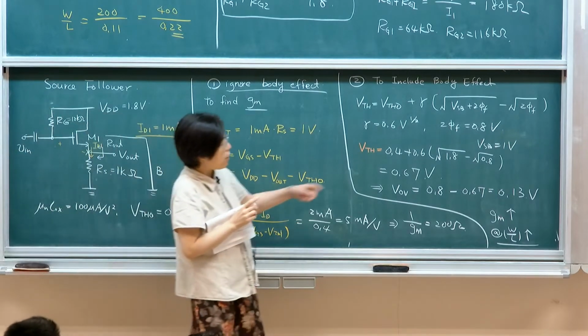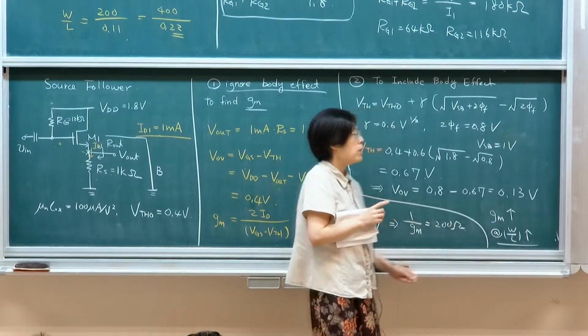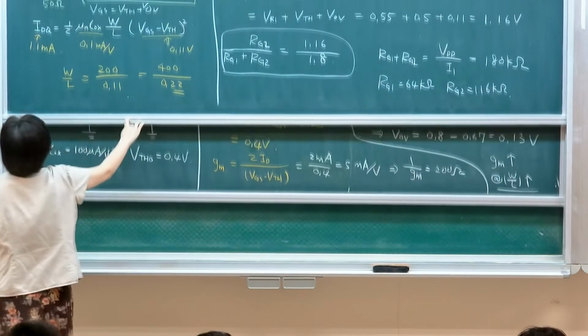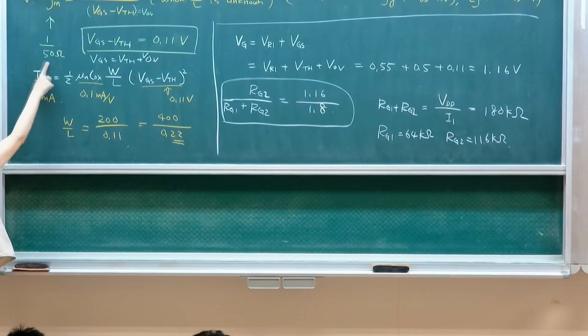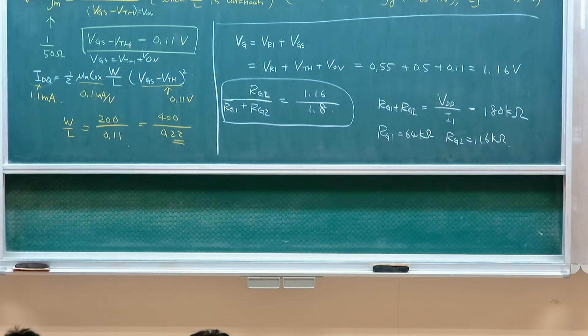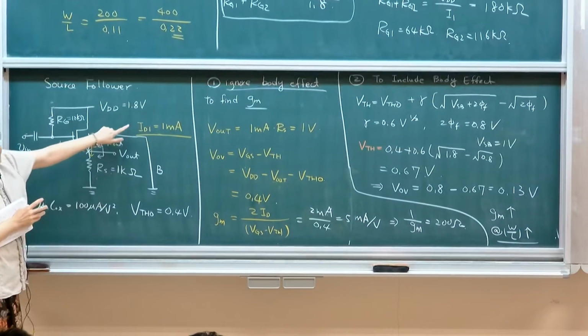If I'm considering body effect, you would then need a much larger W over L. The reason is because of this equation. Let's say this remains the same, but your overdrive becomes smaller, therefore your W over L needs to be higher to sustain this same amount of current.